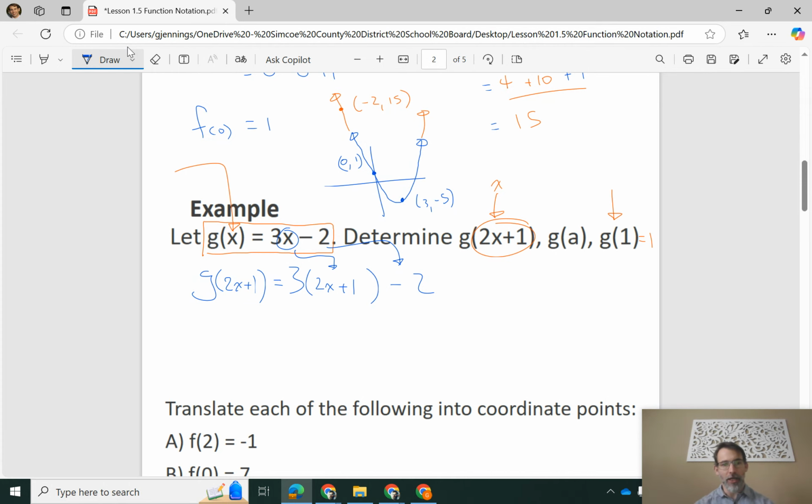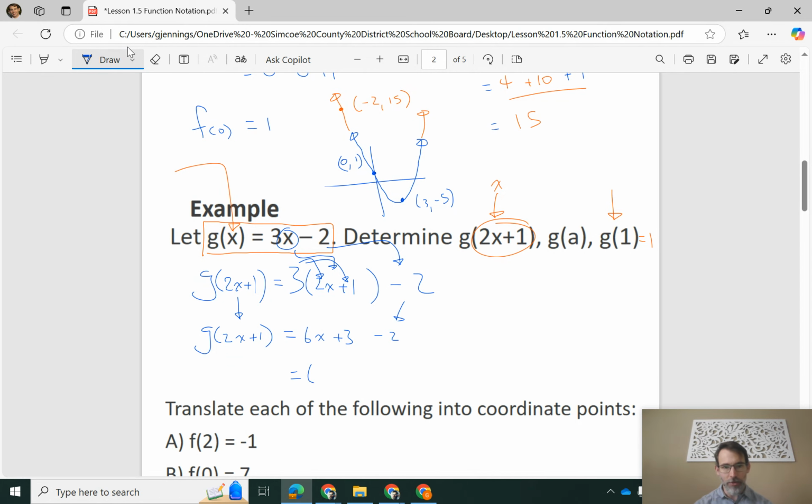Okay, so then we will get g at 2x plus 1. Note, that's just a little label. I'm not changing that or multiplying or anything. That's the new label. That's the new function. g at 2x plus 1 is equal to 6x plus 3 minus 2. That minus 2 just comes down.